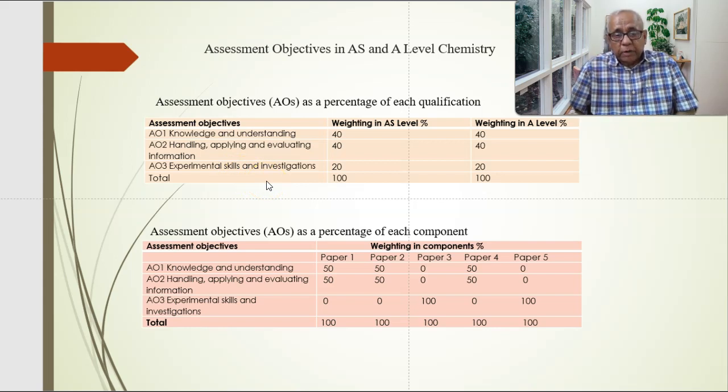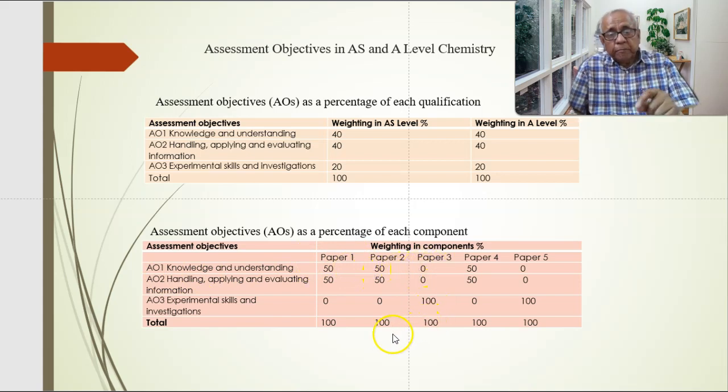If we go mark-wise, AO1 in paper 1 is 50 marks, and AO2 is 50 also, but for AO3 there is no mark. It is 100, and then AO5 is similarly 100, but AO4 is almost like paper 1 and paper 2. Weightage has been shown there.